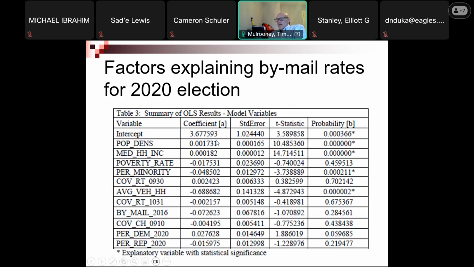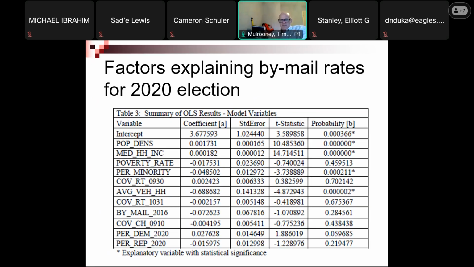As you can imagine, this is multiple regression, so the equation for this is really, really big because we're looking at about 10 different variables. We've got the coefficient, we have our t-statistic, and we have our probability. What this says here is population density has a star. This number is positive. So as population increases, by-mail voting increases.